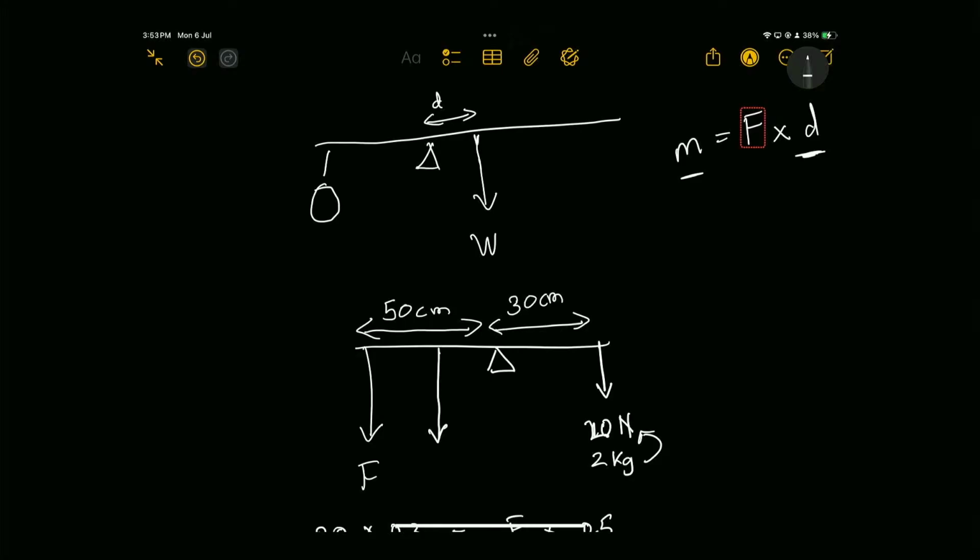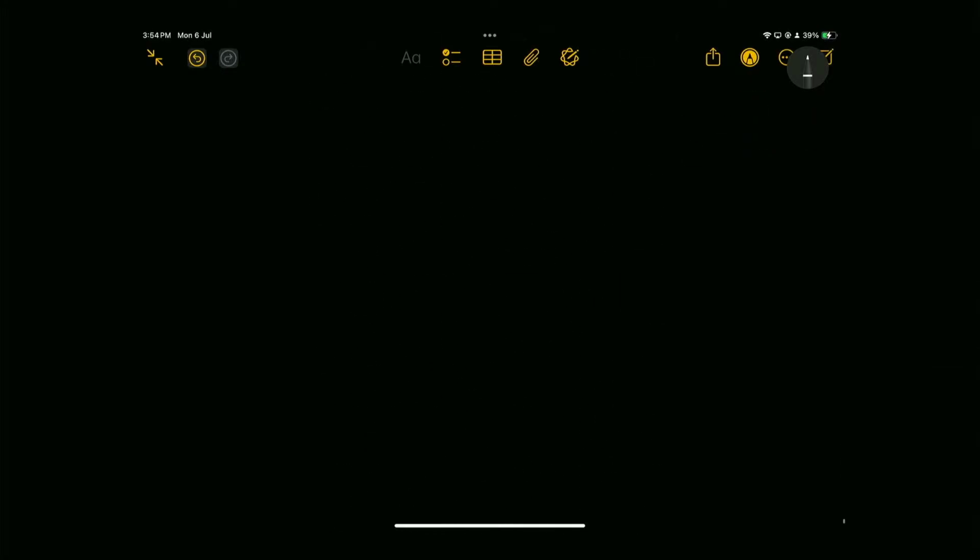So let's move on to forces now, right? So let's say we have a box on an inclined plane.